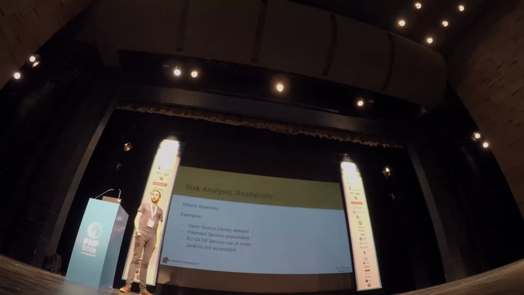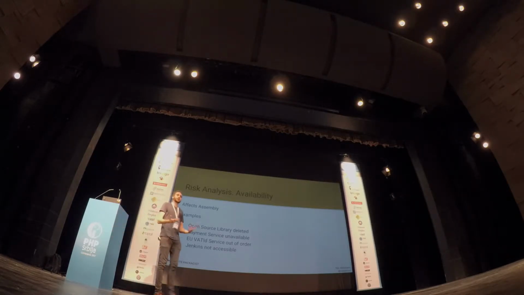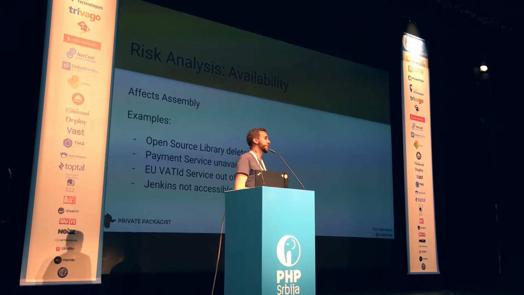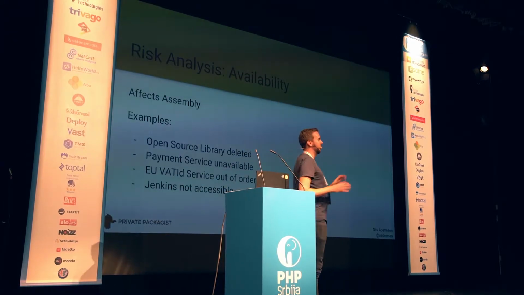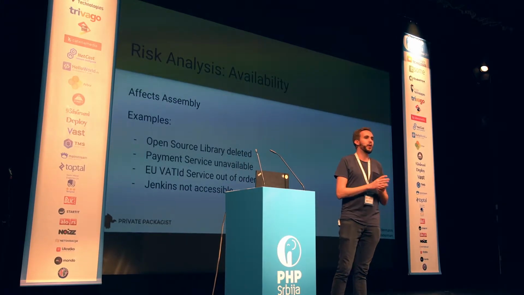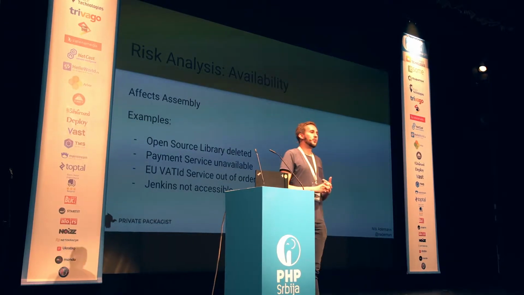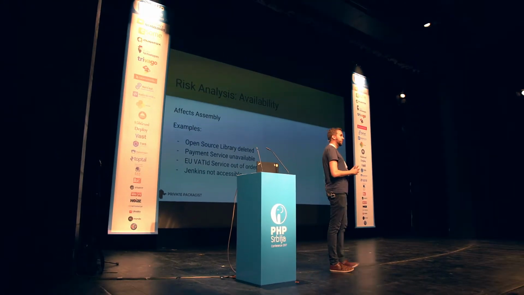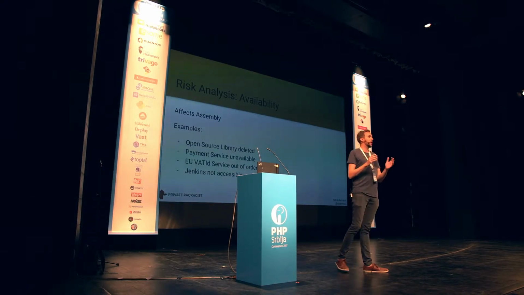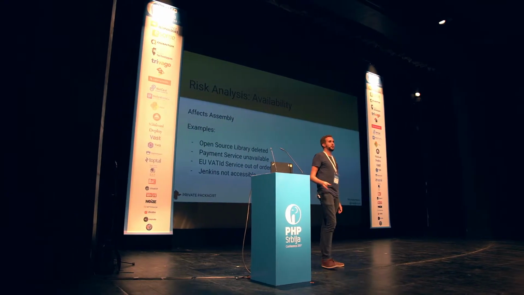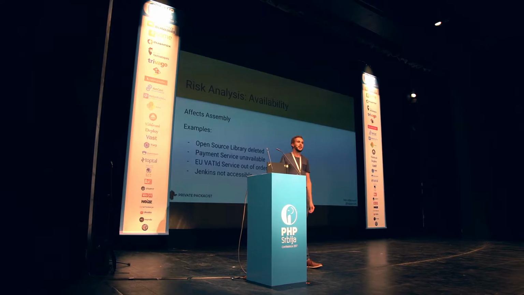So the first one I want to look at is availability. It's a type of risk that you have, and it mostly affects the assembly part of managing dependencies, right? For example, there's a very well-publicized case in the JavaScript world of an open source library that the author deleted, I would say out of spite over some other issue that was unrelated to this particular library.